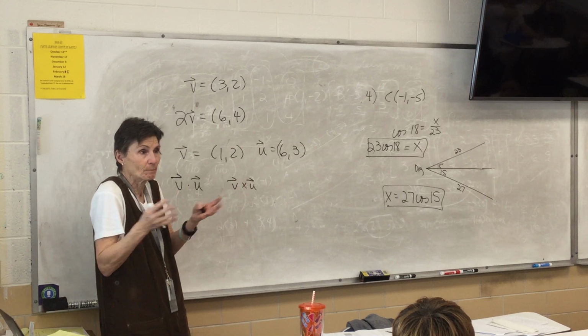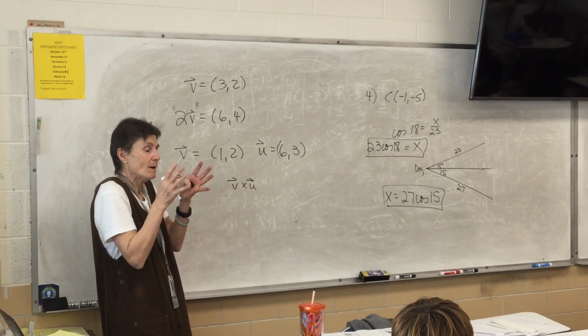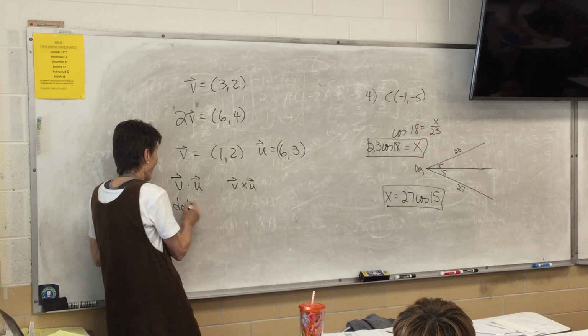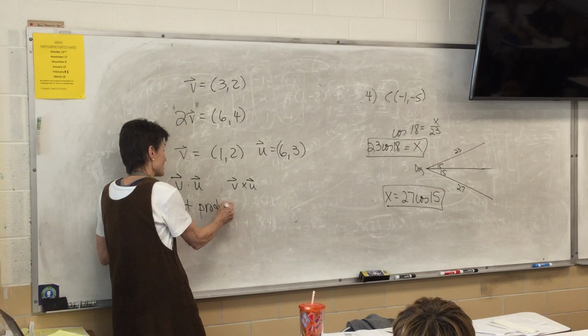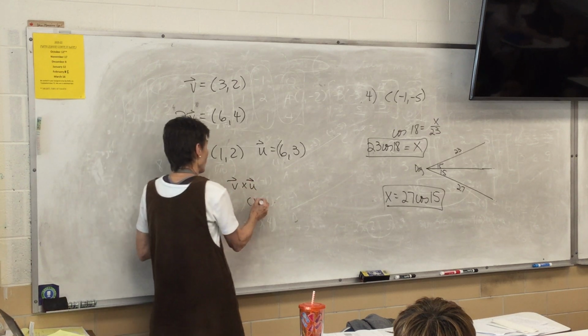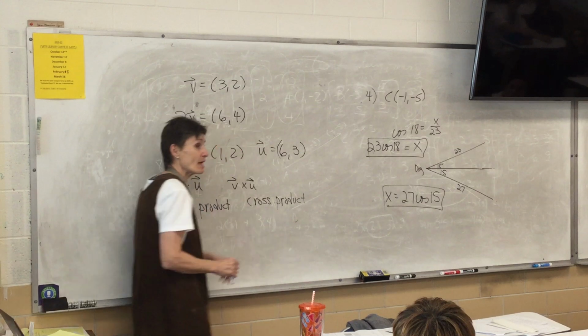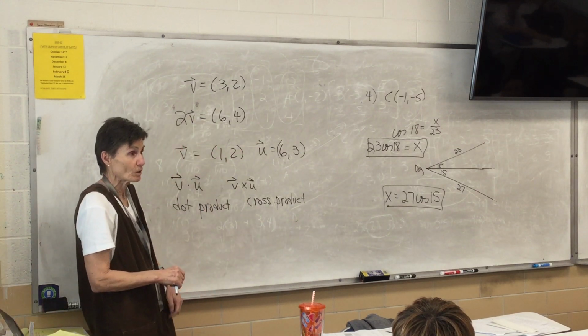They're both symbols for multiplication. But in vector multiplication, this is called the dot product for obvious reasons, and this is called the cross product for various reasons. And they are totally different.